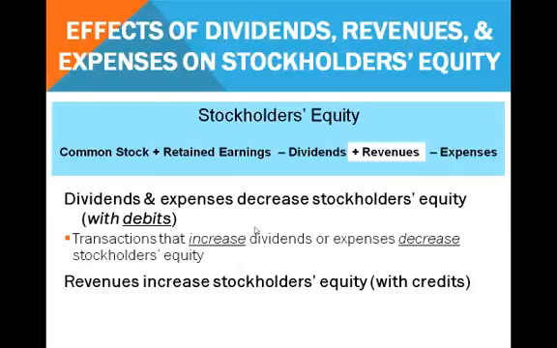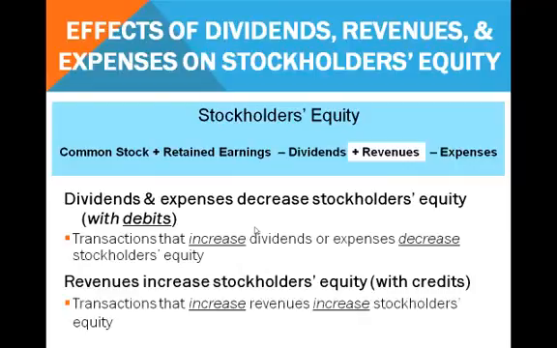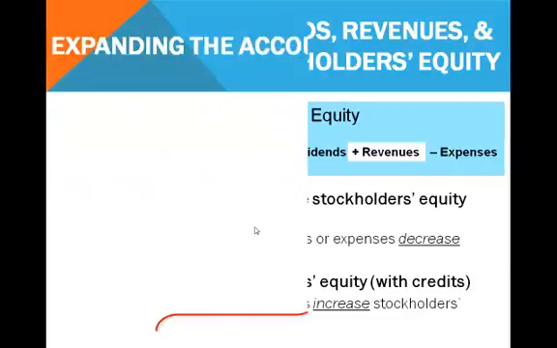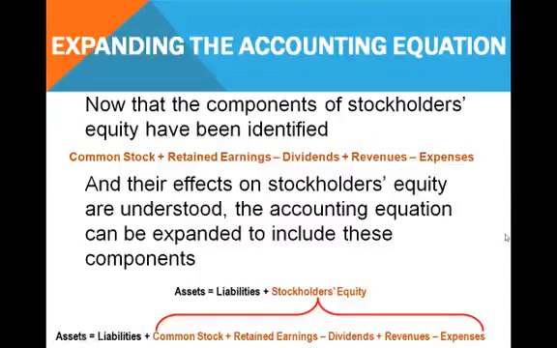Obviously, revenues and expenses are basically opposites. Transactions that increase revenues increase stockholders' equity. Now that the components of stockholders' equity have been identified, common stock plus retained earnings minus dividends plus revenues minus expenses, just as we discussed in the previous chapter, and their effects on stockholders' equity are understood, the accounting equation can be expanded to include these components.